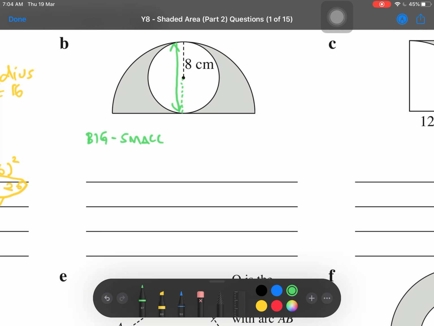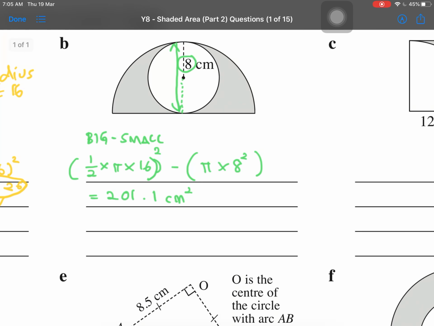And the radius of the small one is 8, as given. Now, the big one is a semicircle. So your working should be half times pi times r squared. And you minus this with the full circle for the small one. So pi times r squared. Okay? And then this will give us, if you use a calculator straight away, 201.1 cm squared. Okay, we are done with this.